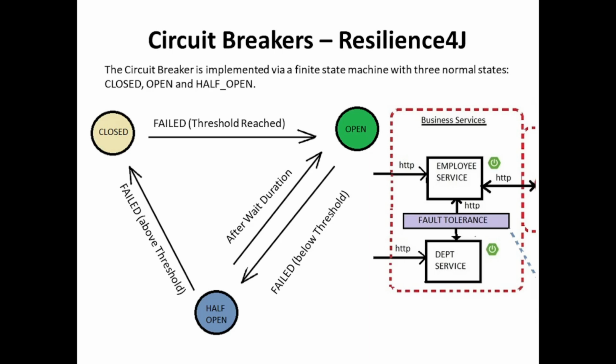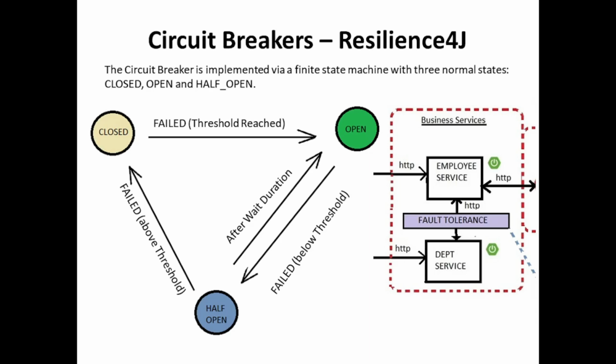Based on the configuration, we can give multiple retries. And imagine if I have a different service which is giving the same input to employee service. So until and unless my department service is up, it will take the third party service or other service information and it will go to half open stage.